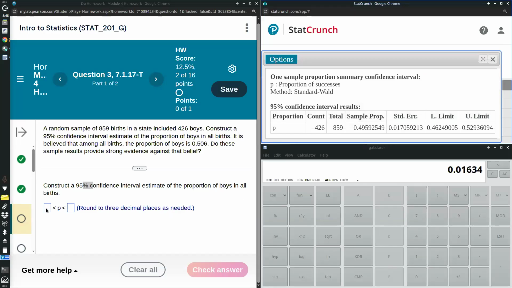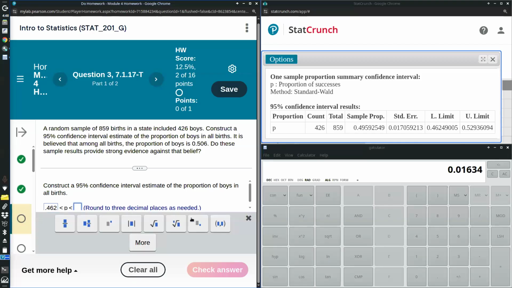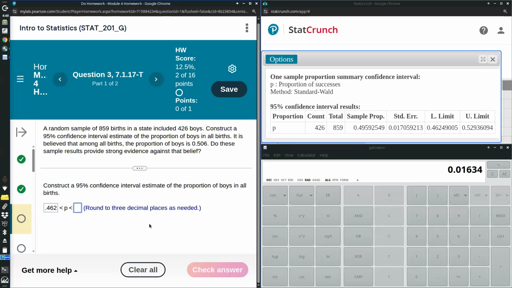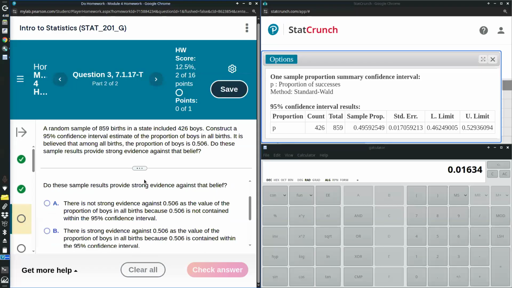And now we just have to enter the confidence interval. So that's just the lower limit and upper limit. So 0.462 and 0.529. And we get our answer.